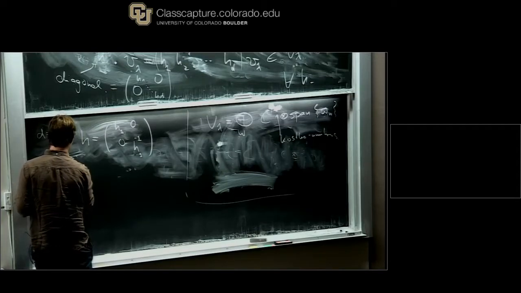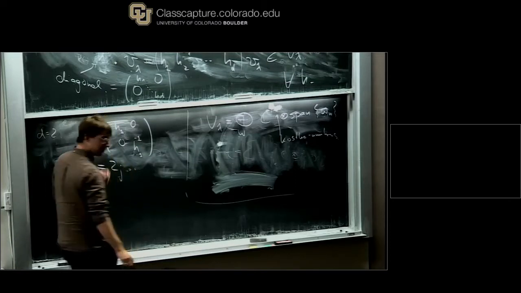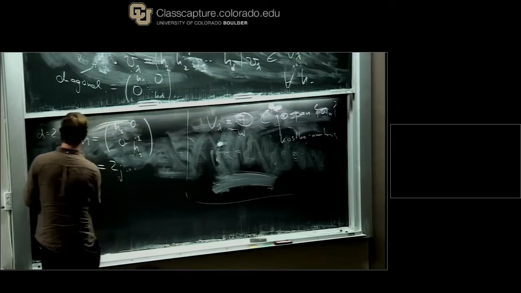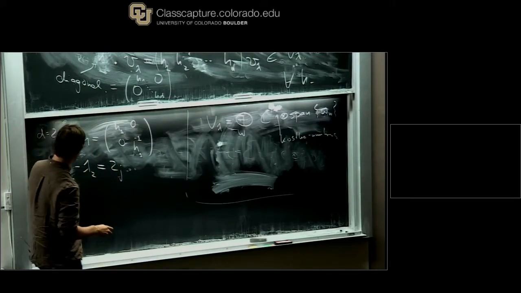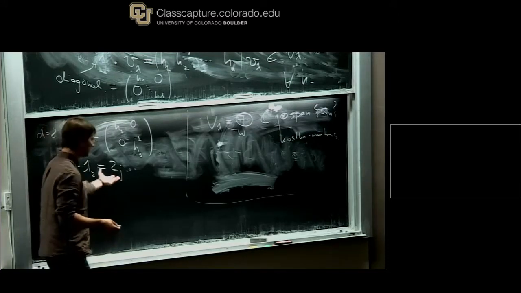If you take lambda 1 minus lambda 2, this is 2 times what you know as a spin. So if you know spin J representation, it corresponds in my language to a representation where the difference of lambda 1 and lambda 2 is equal to 2J.